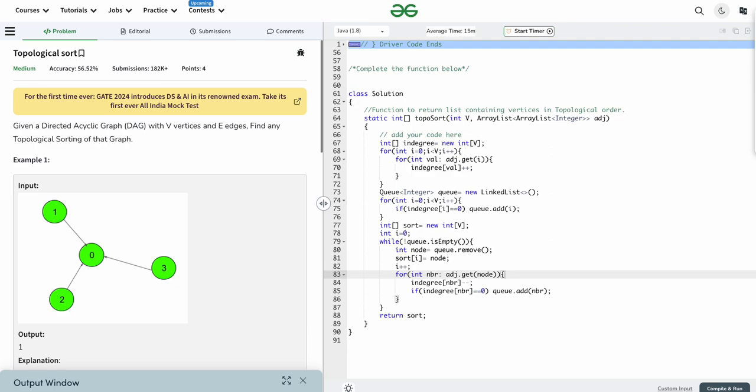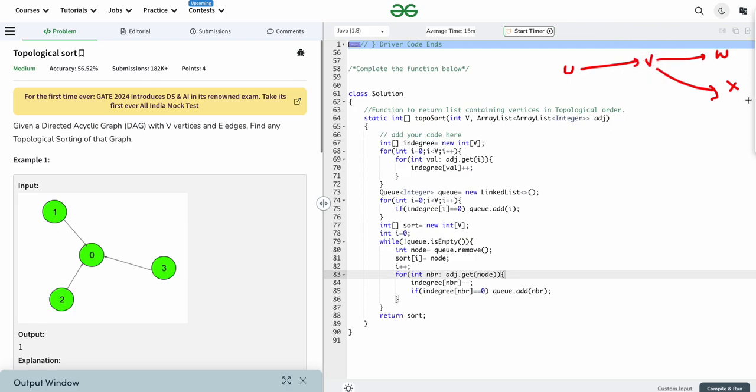So what I'm saying is, let's suppose there are nodes u, v, w and x. We know that if we want to reach v, we must go through u. If we want to visit w, we should go through v.